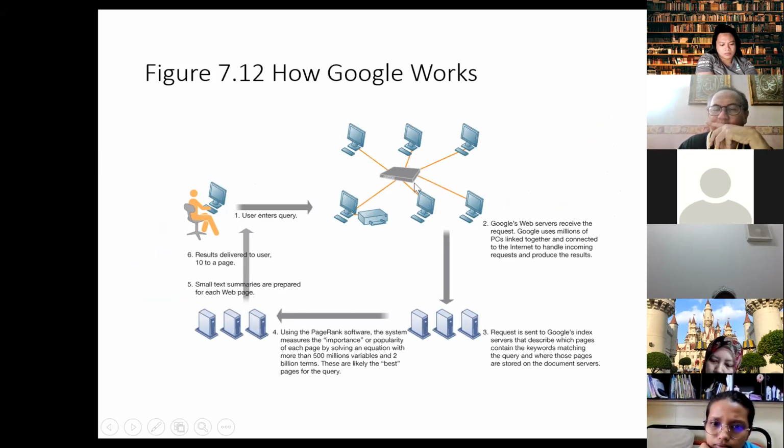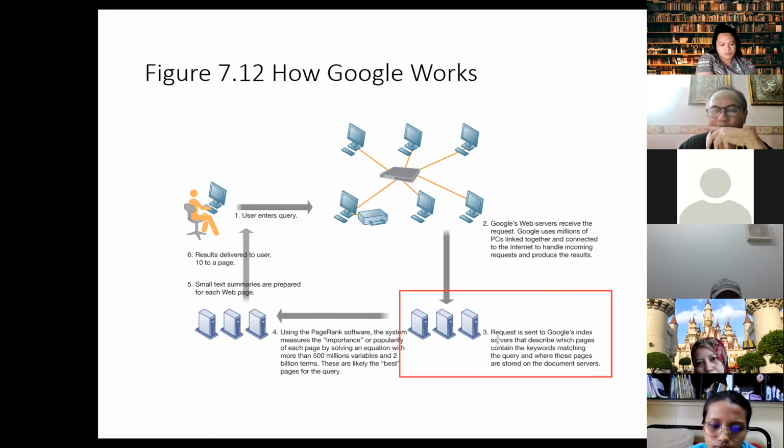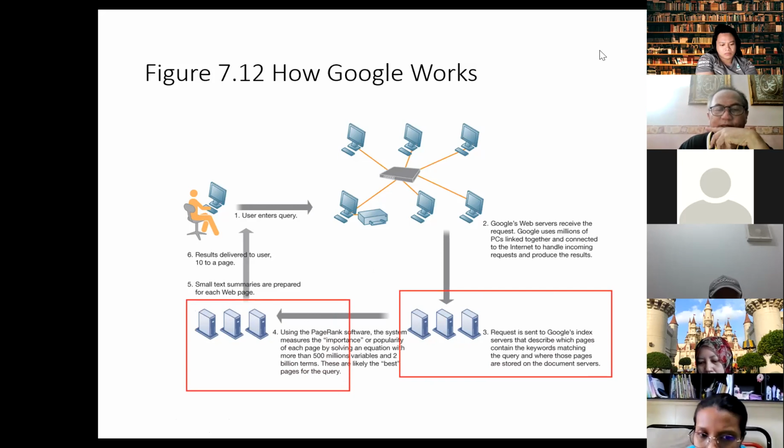The Google web server will receive millions of requests, and then they send them to the index server. This is the index server. It describes which page, and they use the page rank algorithm. The search engine will use this software to provide the result. And then the result will comprise a URL and a hyperlink. When you click the hyperlink, it will send you to the particular site.